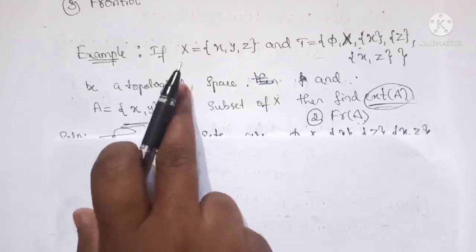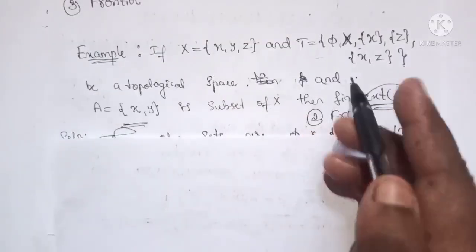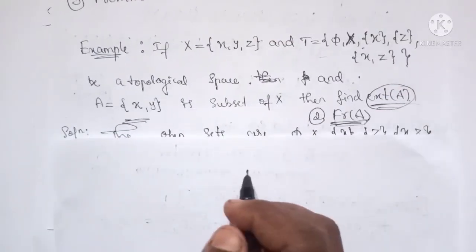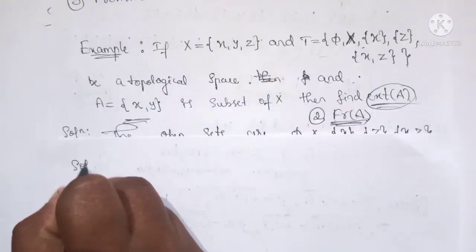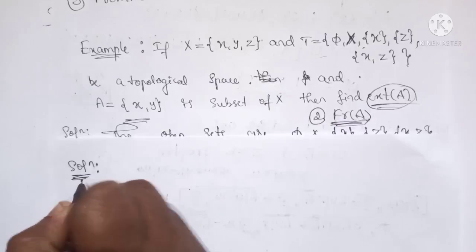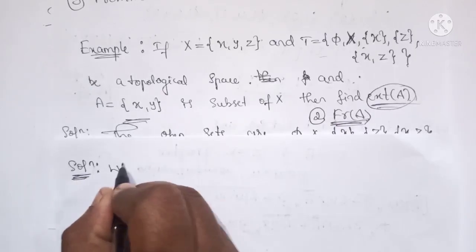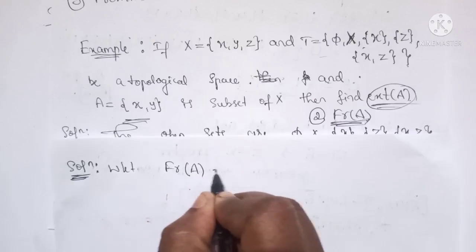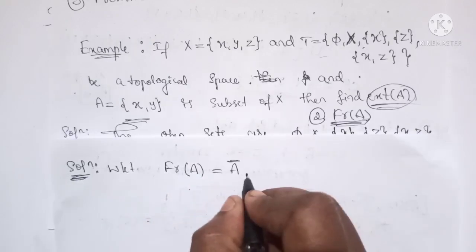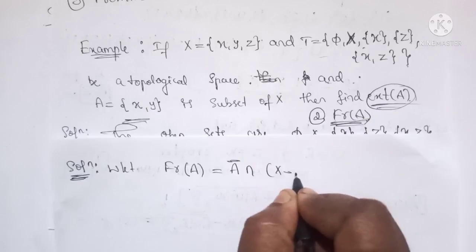For this you take this same question. I will just write here: find frontier of A. You write once again this problem solution. So by the definition, frontier of A is nothing but A closure intersection (X minus A) closure.